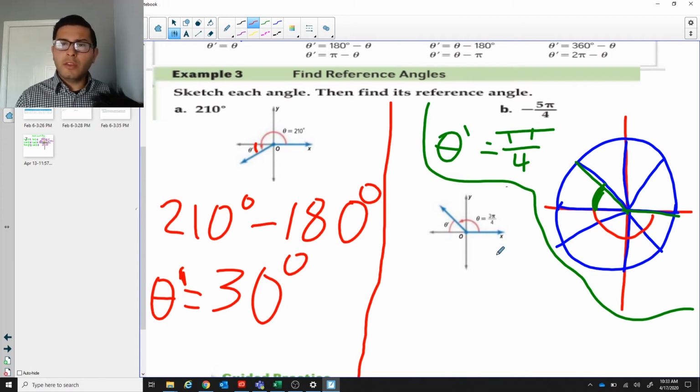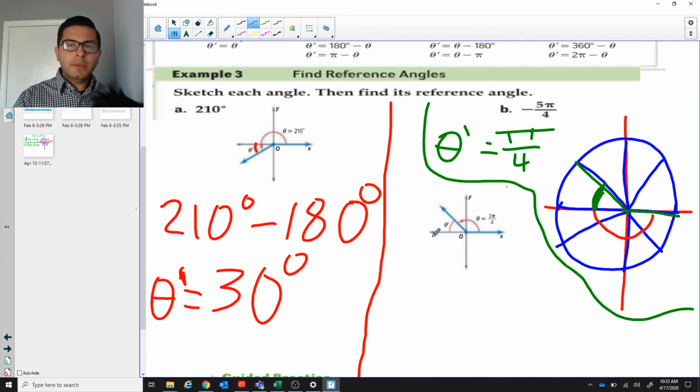The way that we do that, if you look back at our video on how to find coterminal angles, you should be able to just keep on adding 2 pi until you find 3 pi over 4. You should be able to graph this just like we've done before, either by splitting pi up into 4 or converting it into degrees and then converting it back into radians once you're done.